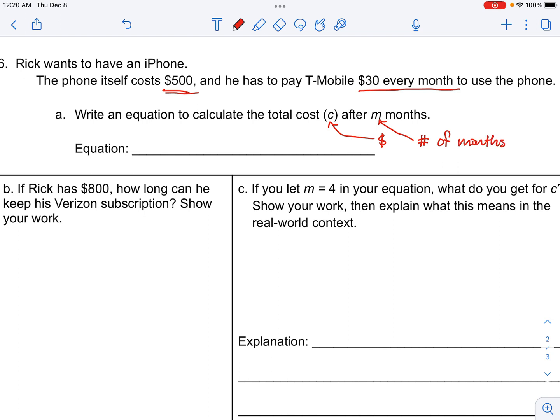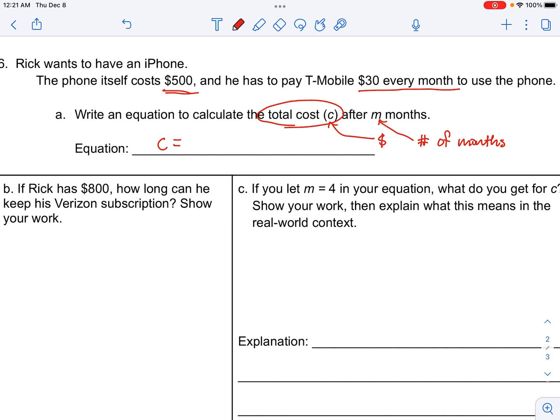Like how many months has he been paying $30? So our equation, we are trying to calculate the total cost. So we know that our equation is going to start like this. C equals the total cost is a certain amount.